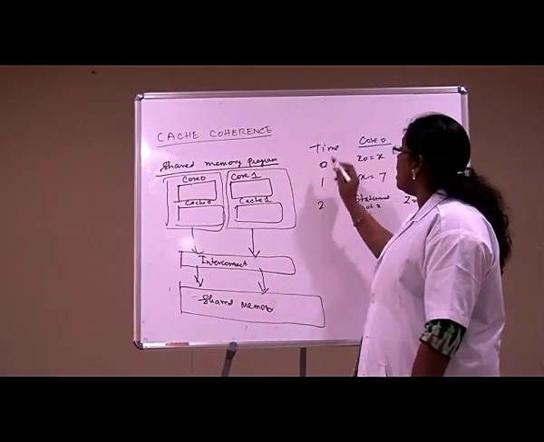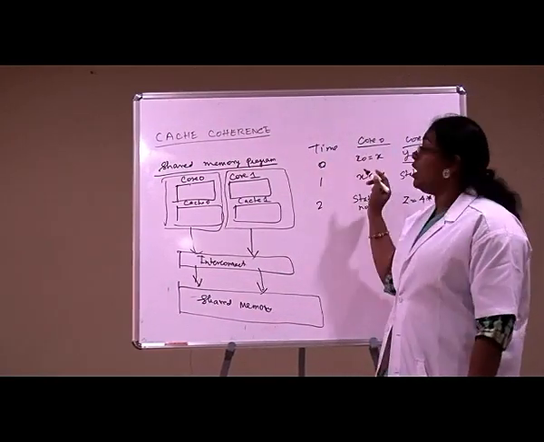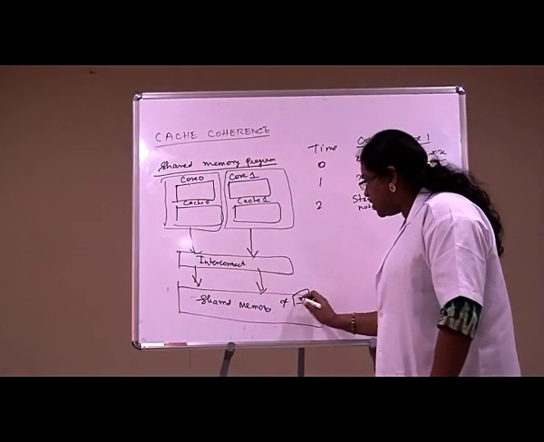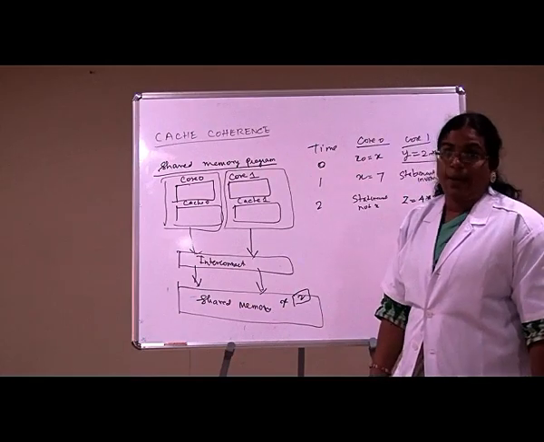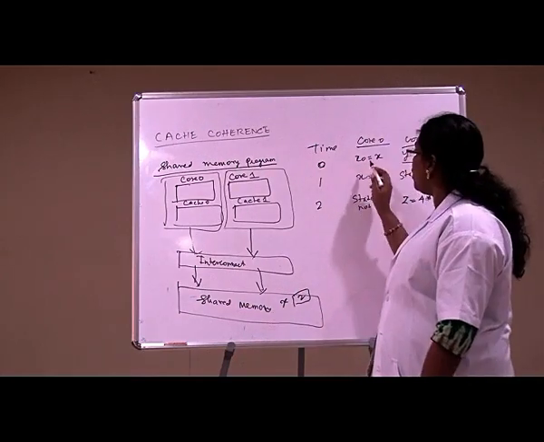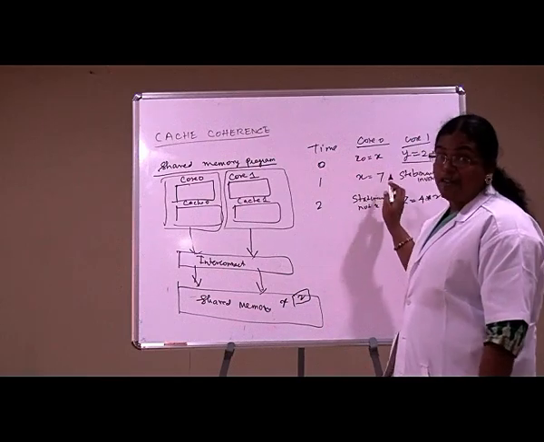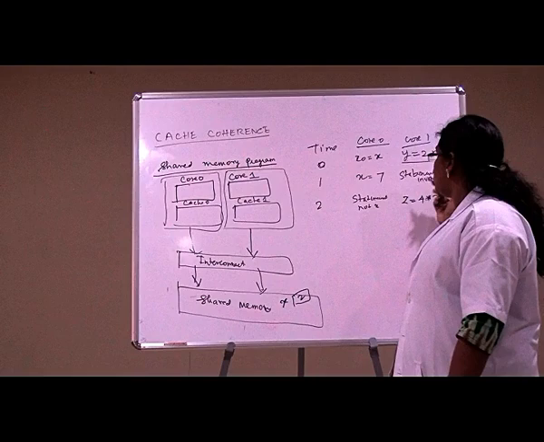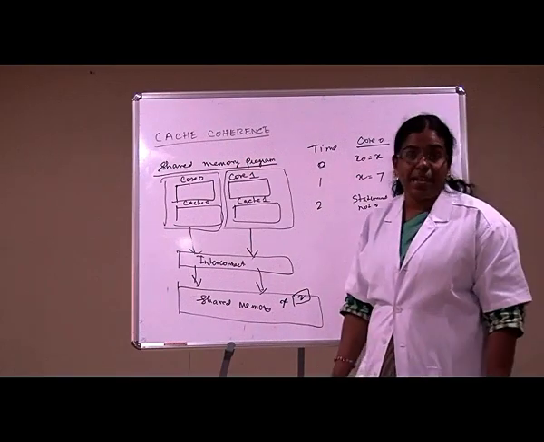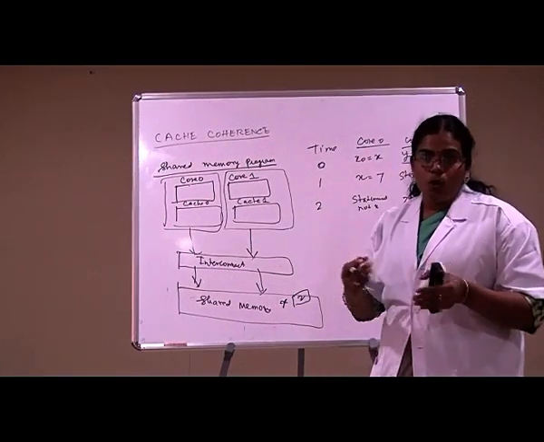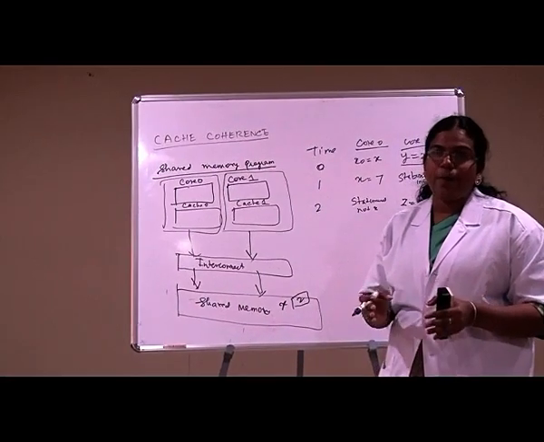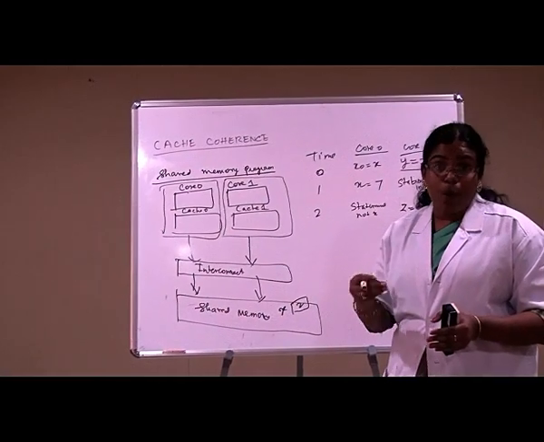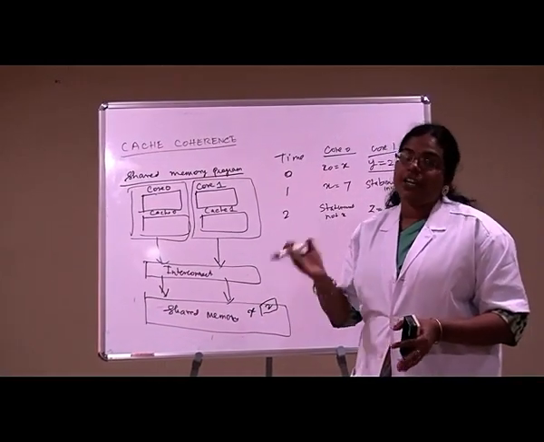For example, core 0 and core 1 are using the common shared data called X, which is initially 2 in my main memory, and if one of the cores writes a value to X, further usage of X will result in an incorrect value. So whenever two cores are sharing some data, there will not be any problem until one of them writes to that shared data.